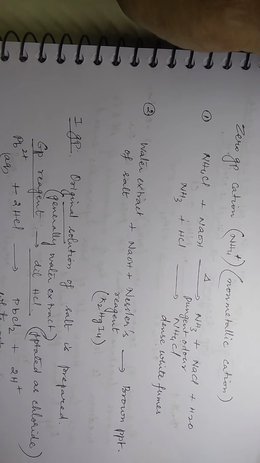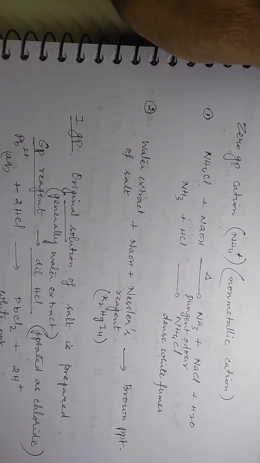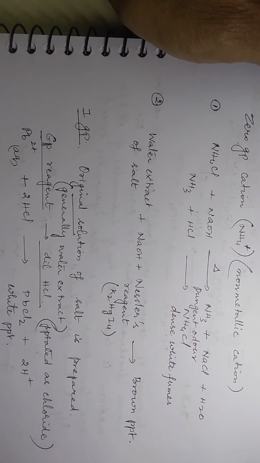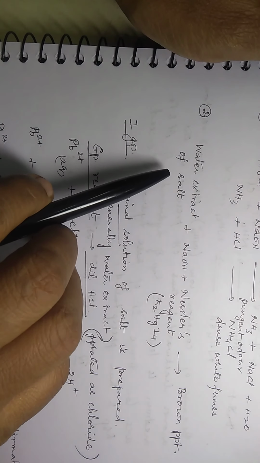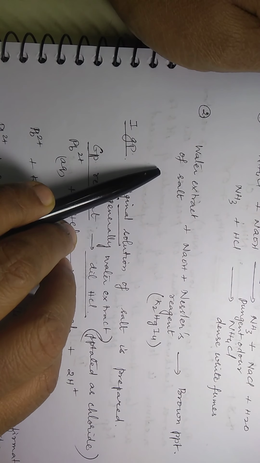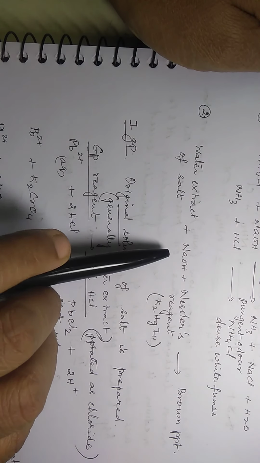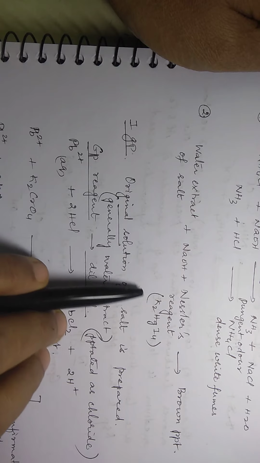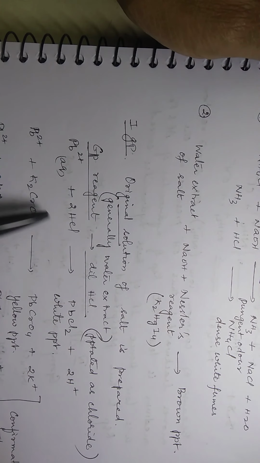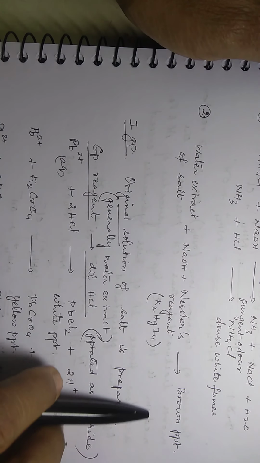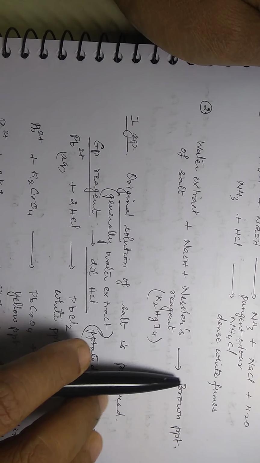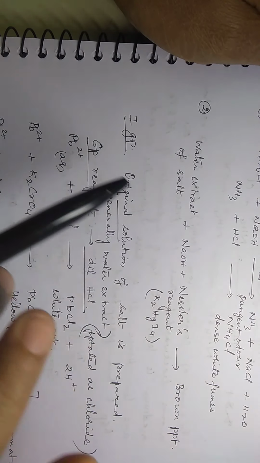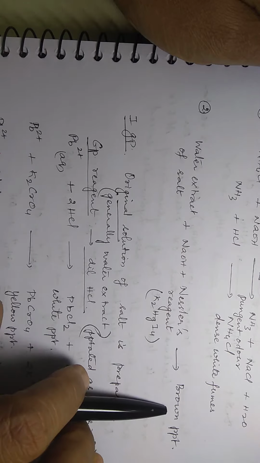Now further, to confirm that your salt is ammonium, you prepare the water extract of the salt, treat it with NaOH and then add a specific reagent called Nessler's reagent. If you get a brown precipitate, the ammonium ion you identified is confirmed.